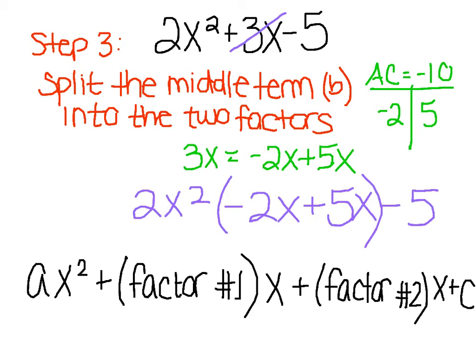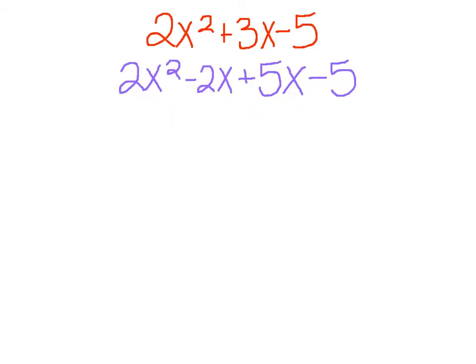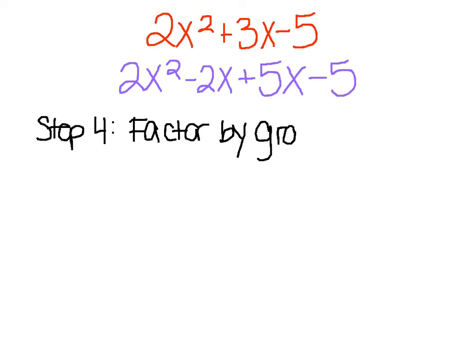So step 4 is going to be to factor by grouping, which we've already covered. If you need extra help with that, you can go to my other video on factoring by grouping.